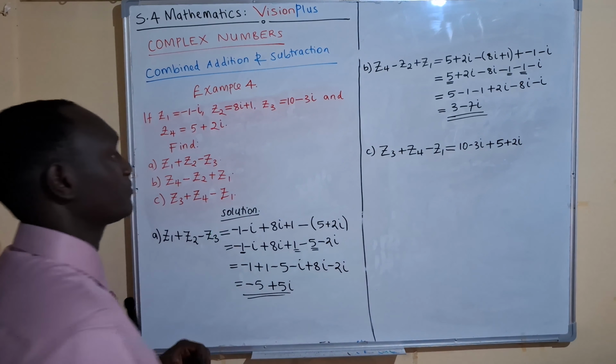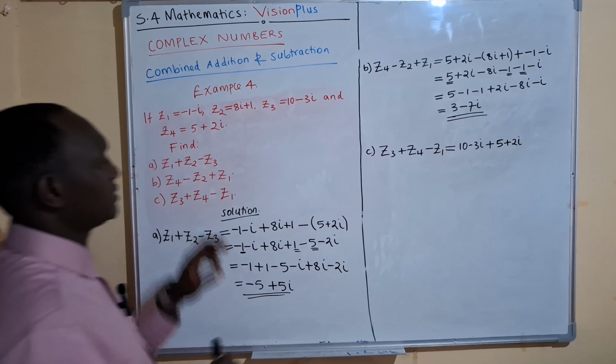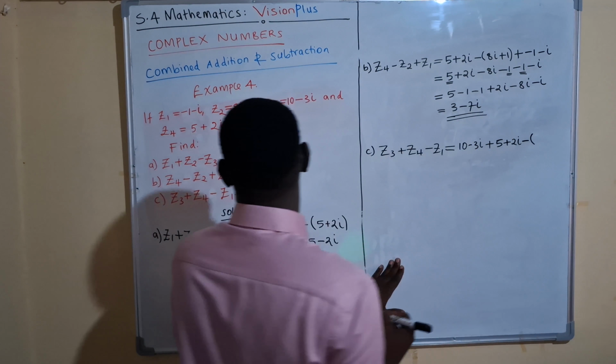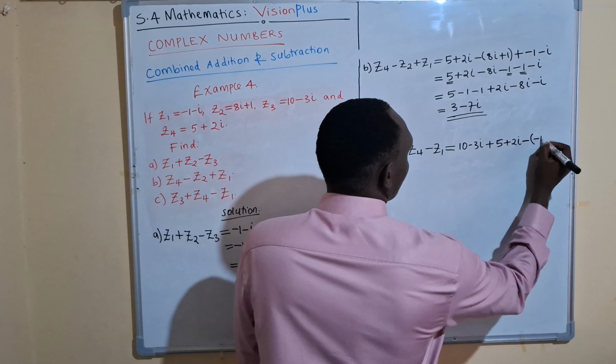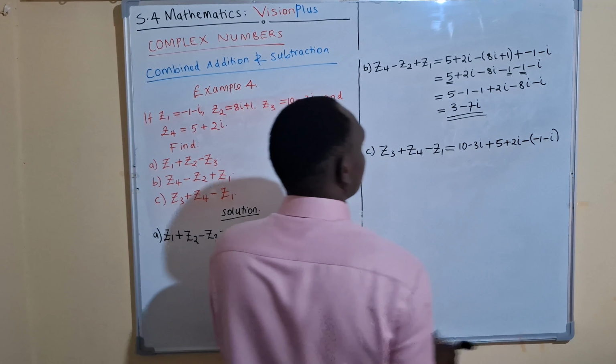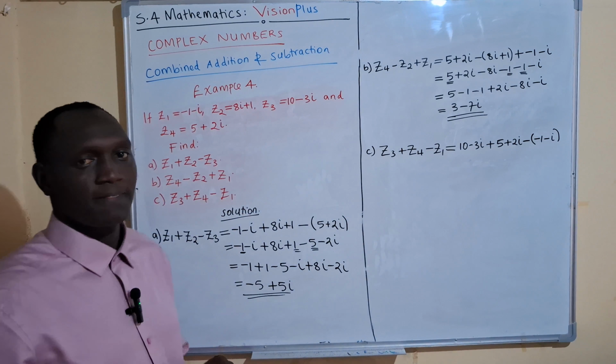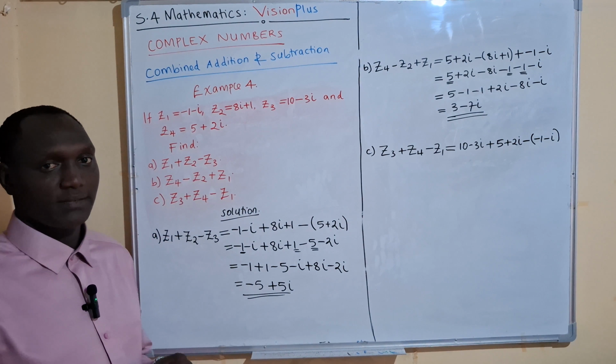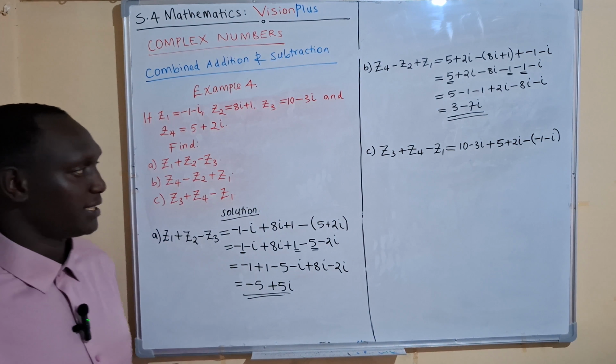And then subtracting z1. Since I'm subtracting, I put minus. z1 has two terms, that is -1 minus i. I close the bracket. What is the next step here? The next step here is to simplify the brackets and then collect the like terms.